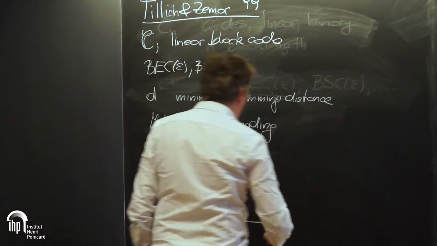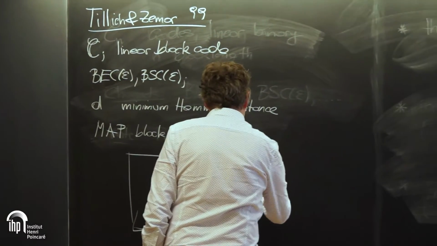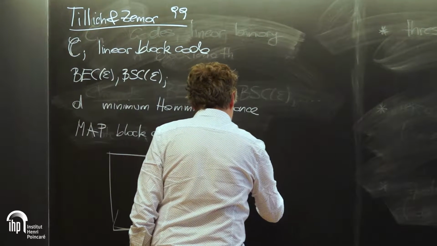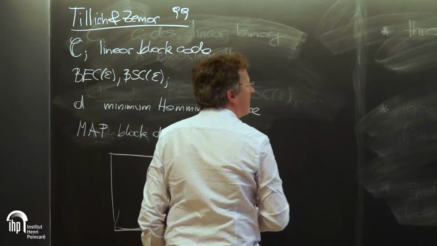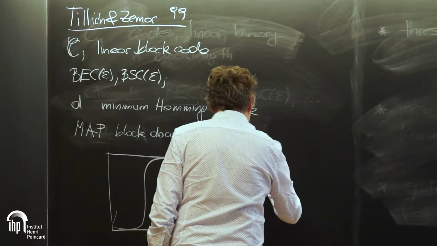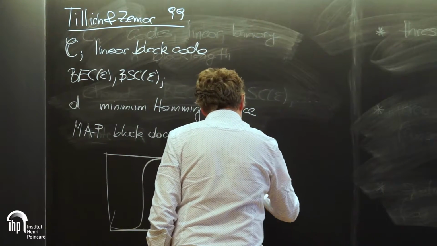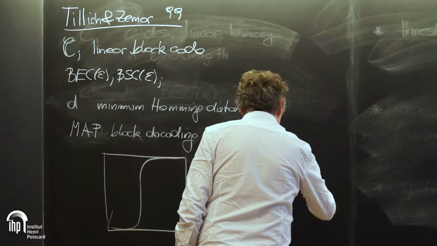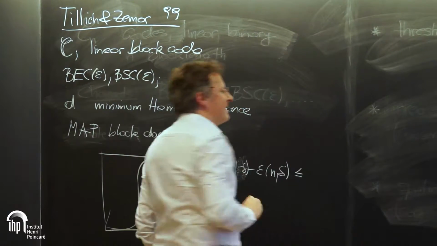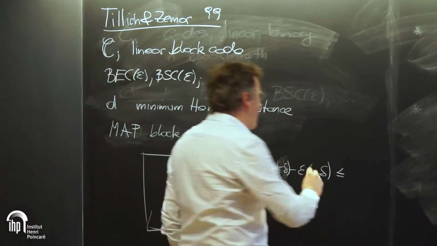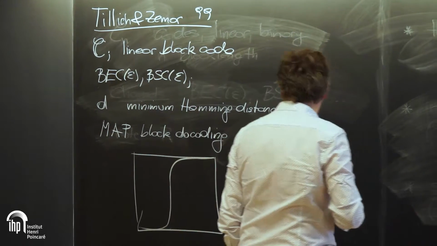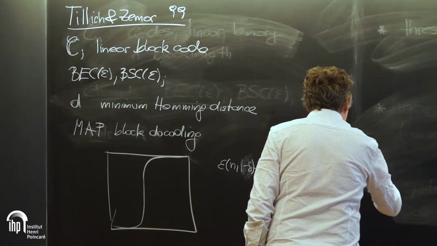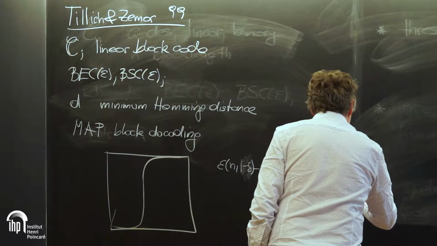What they prove is the following: if I'm looking at how quick the transition is, the transition width, they prove that it is smaller than or equal to a constant, which is just a universal constant.